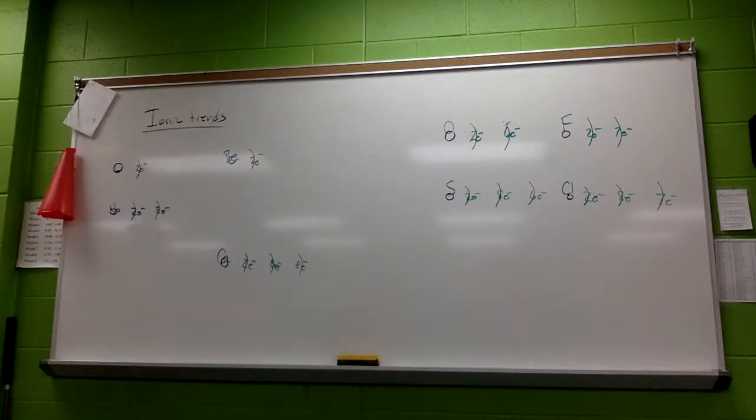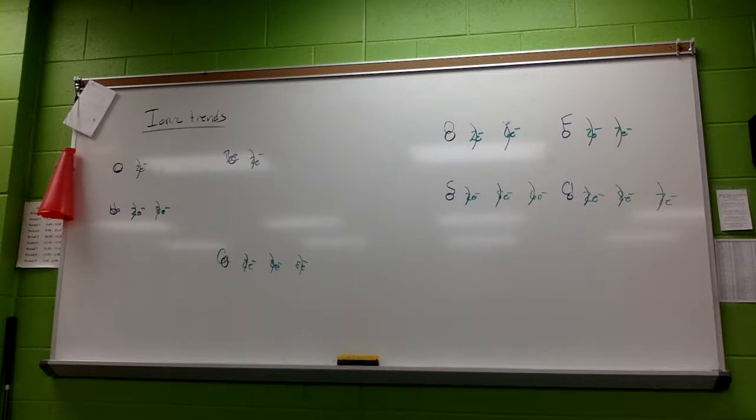Okay, just for fun, how would we describe the ionic radii for metals versus their atomic radii? They got smaller. Why did they get smaller?